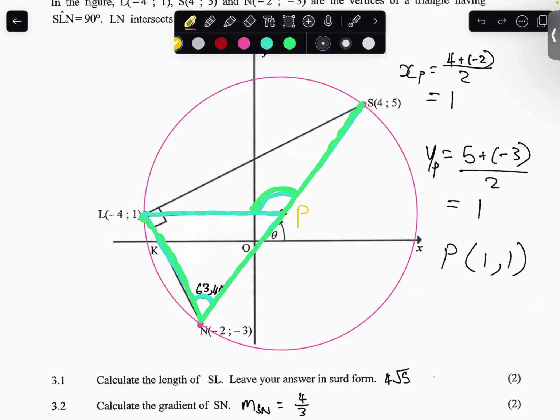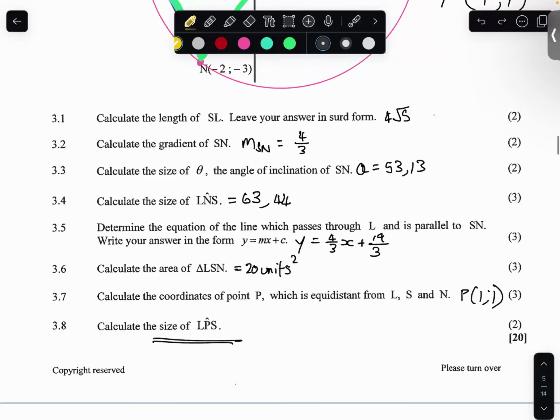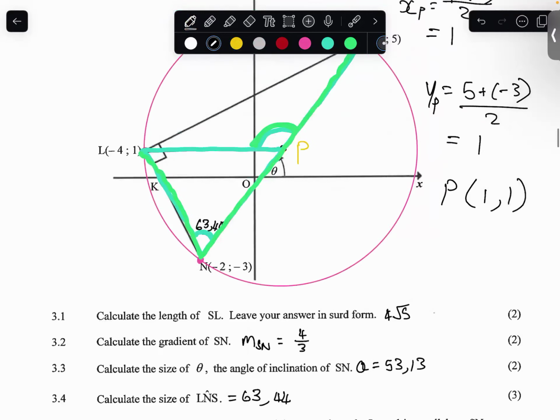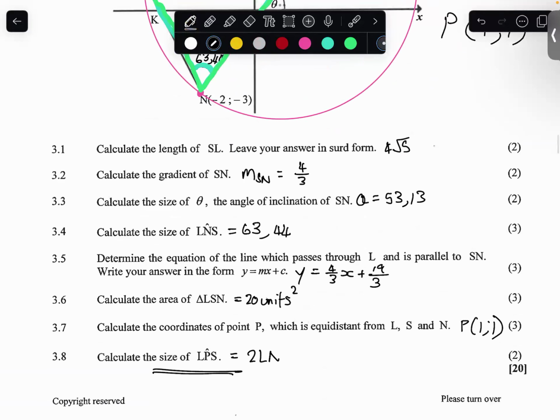And so to get the angle LPS, it's going to be 2 times angle LNS. And you're going to give your reason: angle at center equals 2 times angle at circumference.